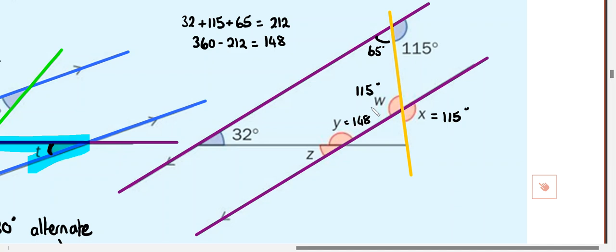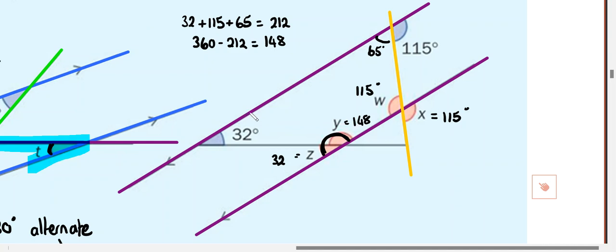Yes. Which means Z is... those two add up to 180, so Z is... now can you spot a quicker way of getting that?